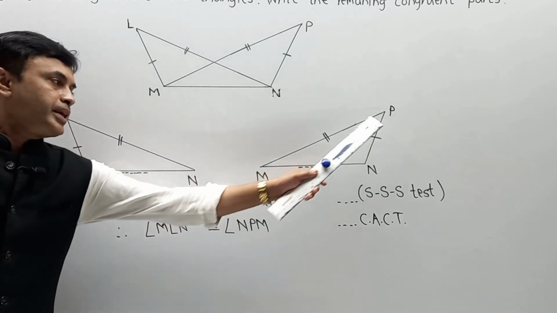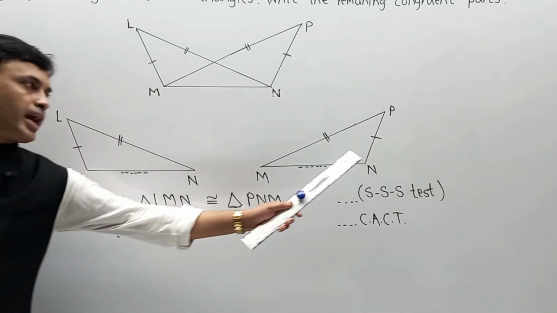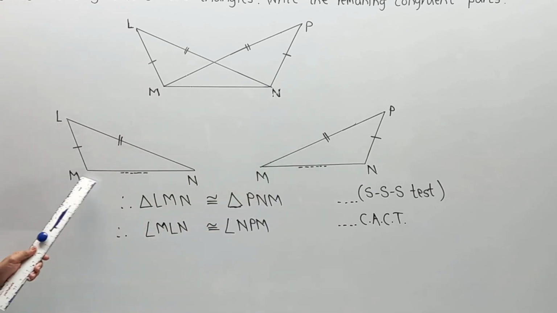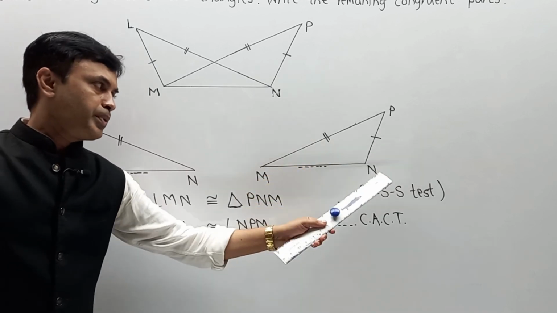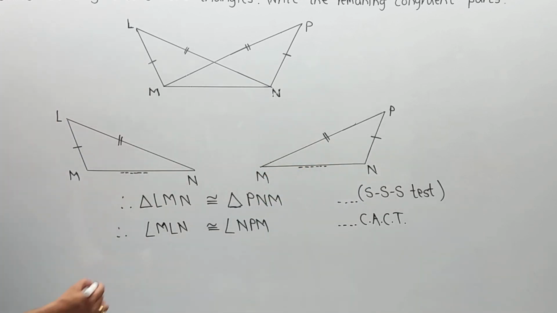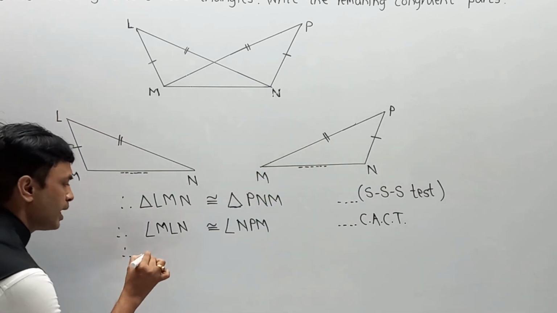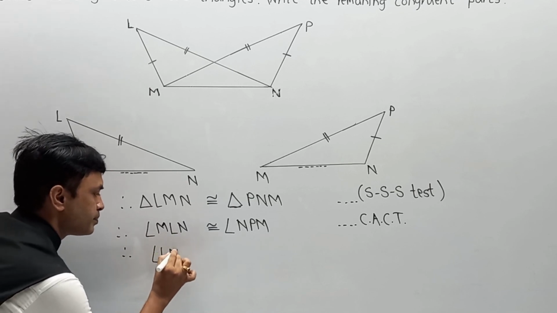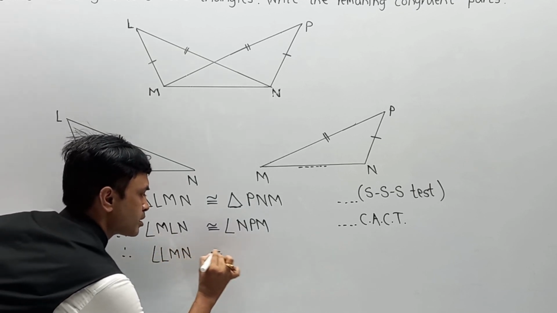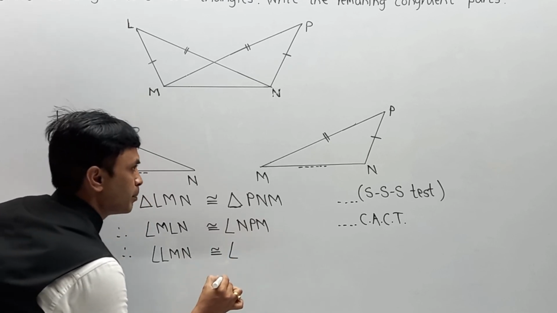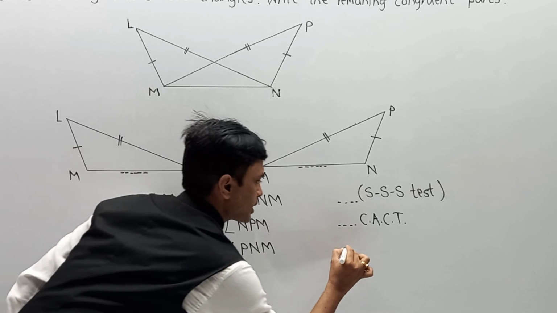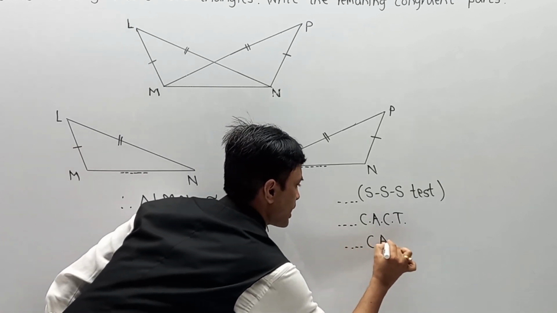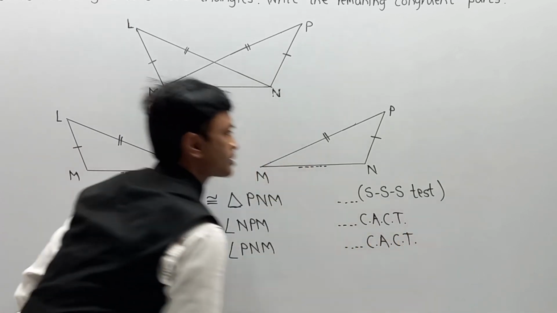After L and P, I am going to declare about M and N. So angle LMN is congruent with angle PNM, and the reason again is corresponding angles of congruent triangles.